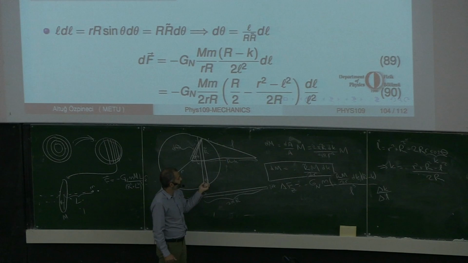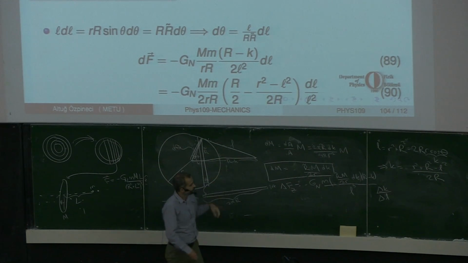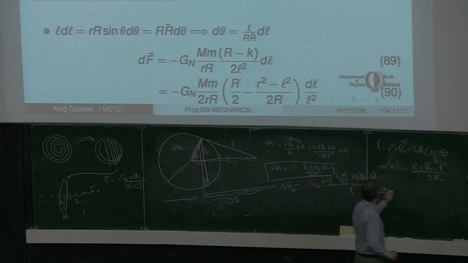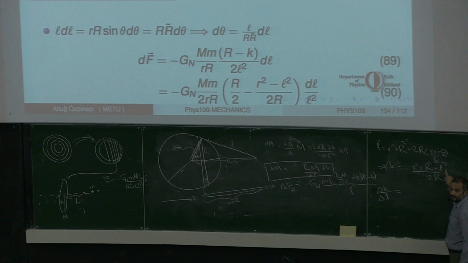So rather than summing over different values of k, I would like to sum over different values of L. But then I have to express this change in k in terms of the change in L. That is what I have to do. Well, this ratio, the change in k over the change in L, is nothing but the derivative of k with respect to L. I have this k as a function of L.